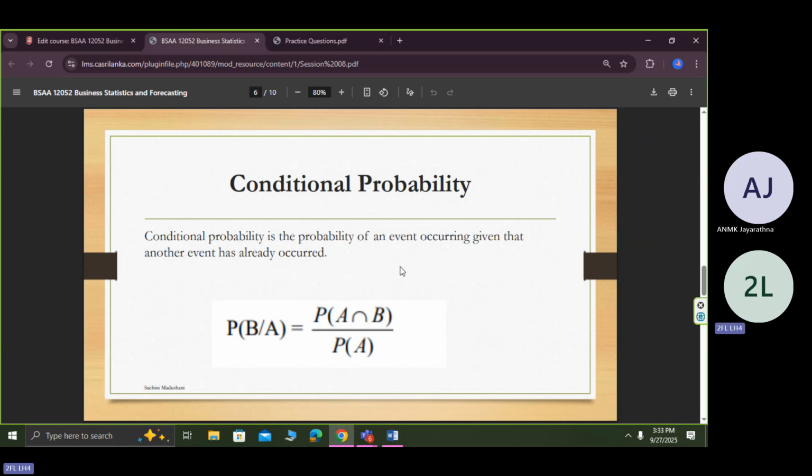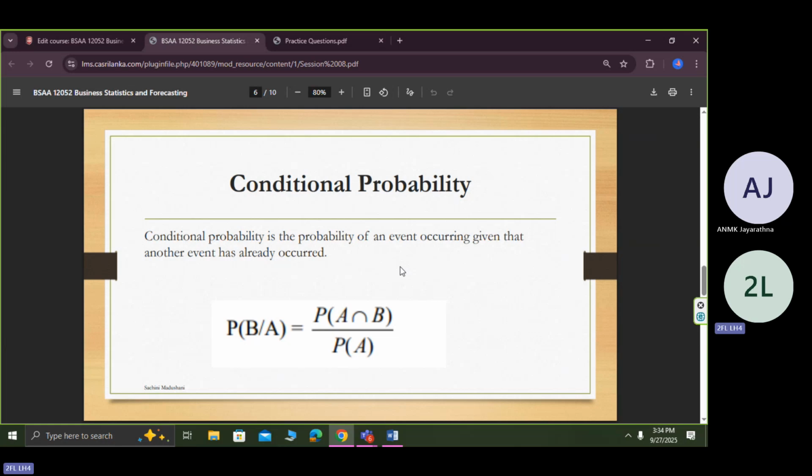Understood? In the joint probability concept, we find the probability of the 2 events occurring together. Then here we can identify this is the first event, this is the second event. In the joint probability concept, we cannot identify which one is the first and which one is the second. Why? 2 events occur together. Here, under the conditional probability concept, we have 2 events and we can clearly identify which one is the first event and which one is the second event.